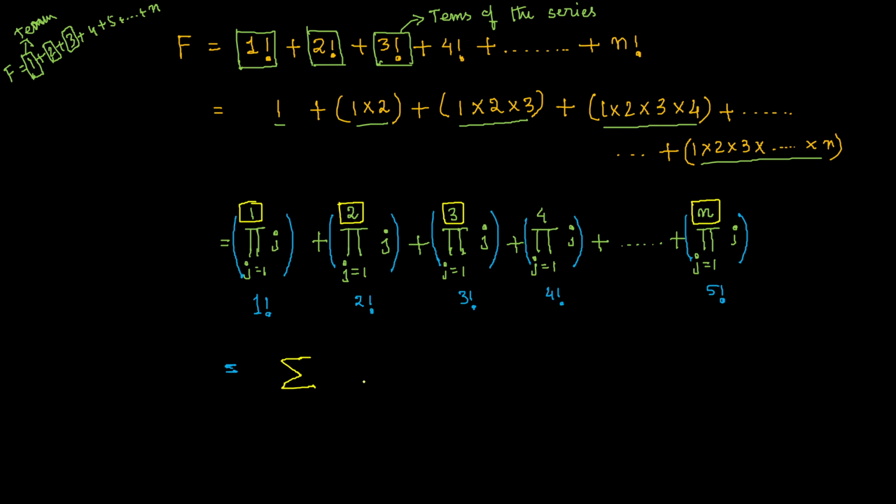That means I can consider here that I start from 1 and go up to n. So when I is 1 it means the first term, when I is 2 it means the second term, that is for 2 factorial. Then when I is 3, that means the third term, that is for 3 factorial, and so on.